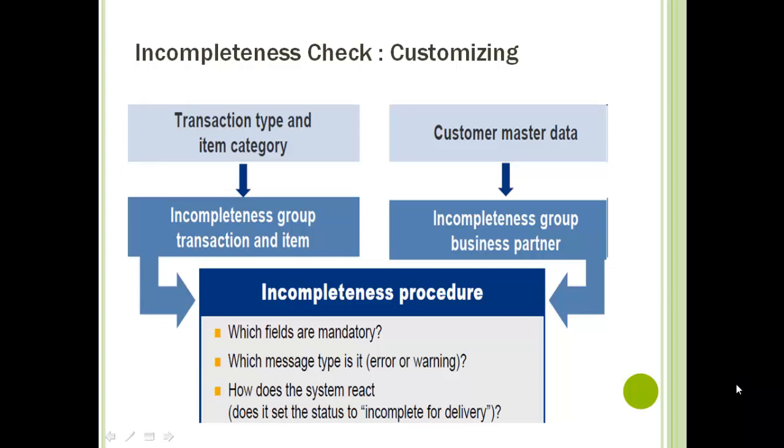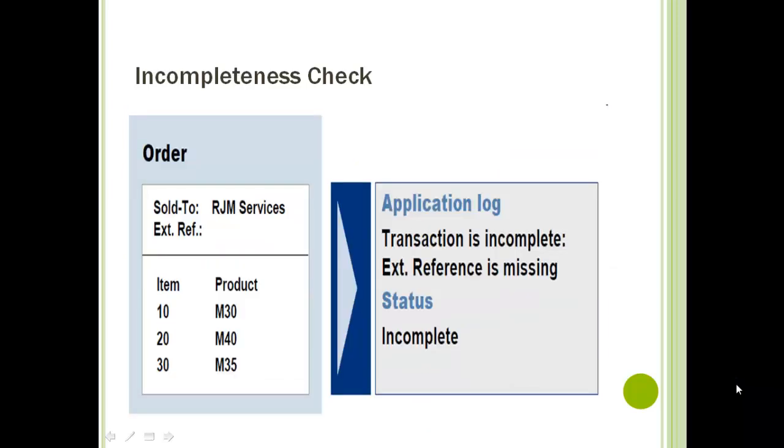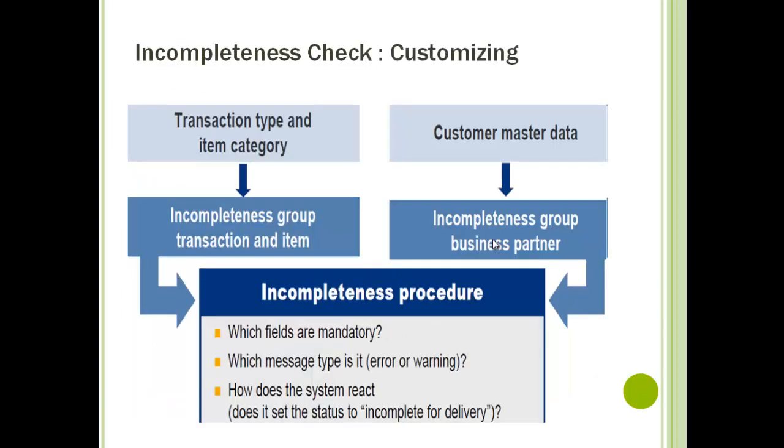For example, the system checks different fields in a sales order than it checks in an opportunity. A message in the application log like this will inform you of the missing data in the transaction document. You can branch to the fields in which data is missing and make entries directly from the incompleteness log. You can specify in customizing whether a warning or error message should be issued.